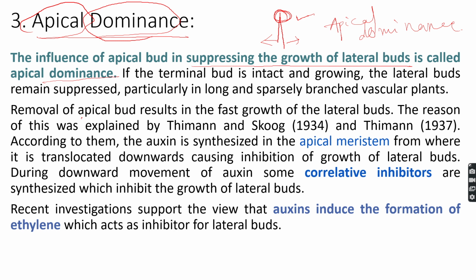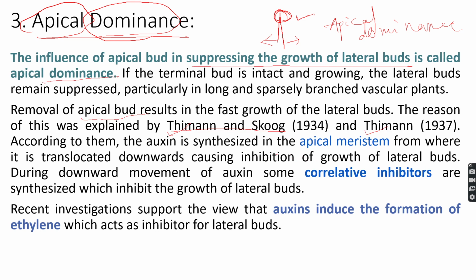The apical part is growing very fast, and lateral buds are not growing because of that. Behind this fact, there is a reason which was discovered by Thimann and Skoog, and also simultaneously by Thimann.